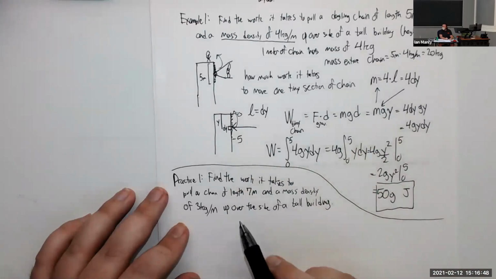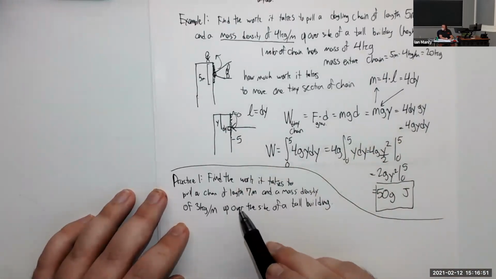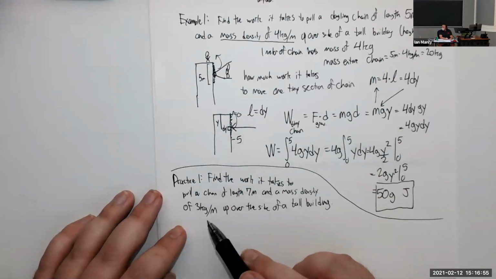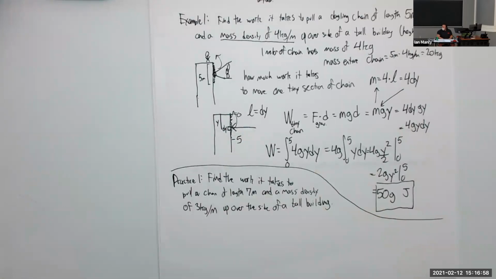We're literally doing the same thing that we did before, only this time we're doing a length of 7 meters and a lower mass density here.